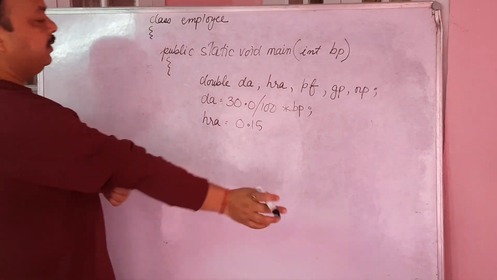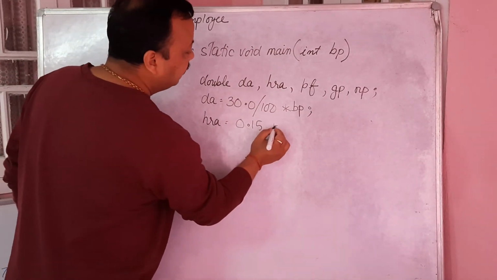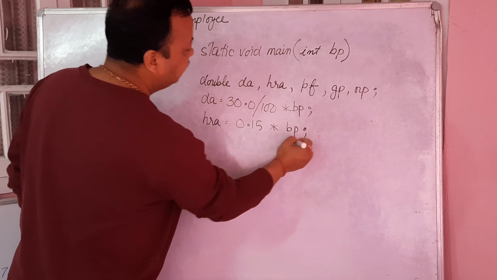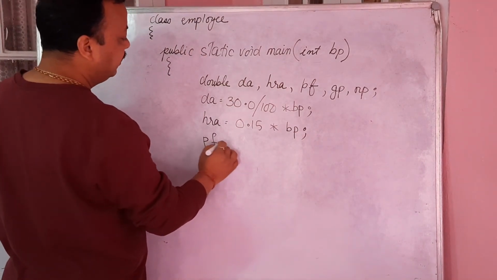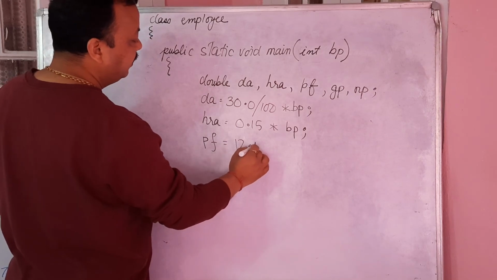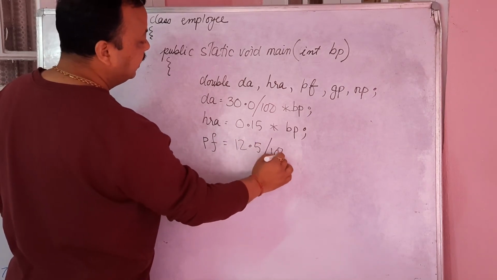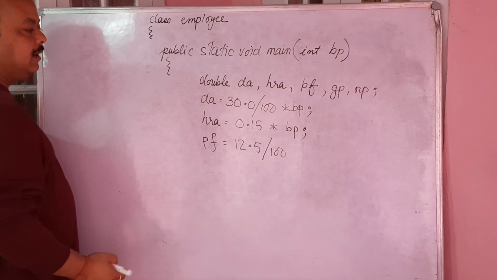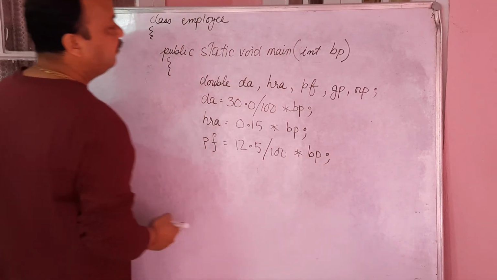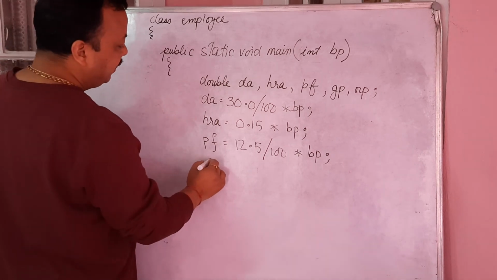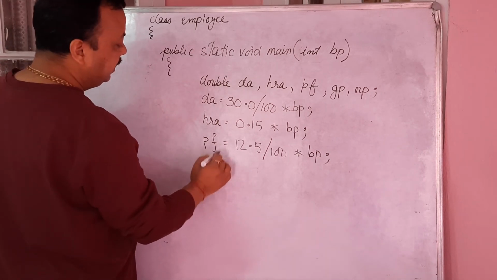So this is just an option for you for calculation, that you can use this also. And then you have provident fund PF, which is 12.5. So now you can easily write 100 because this value itself is double, and then you multiply by BP. They have also given the formula for calculating the gross and the net.